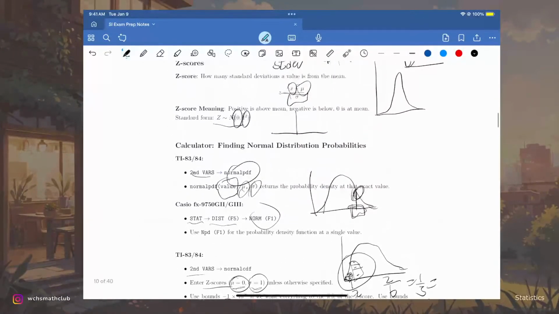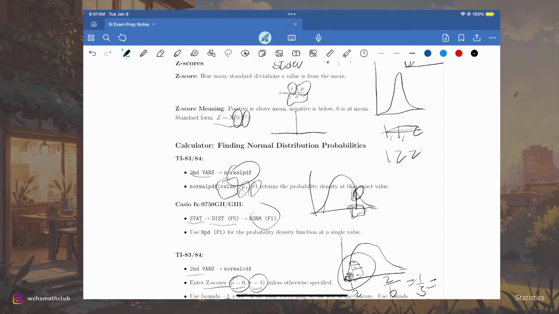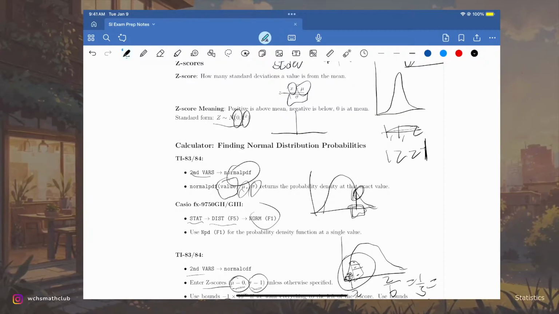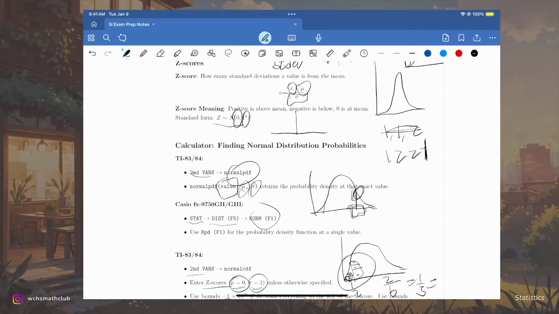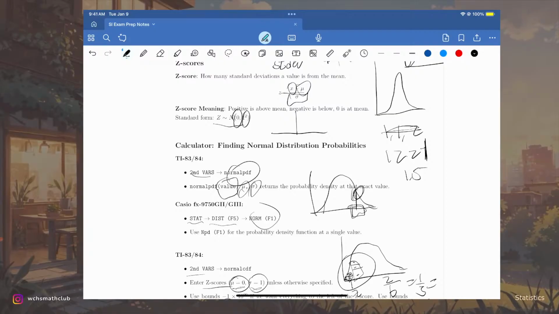So if the data were 1, 2, 2, 1, you see the mean would be equal to 1.5. Is it 1.5? Yes, it is.